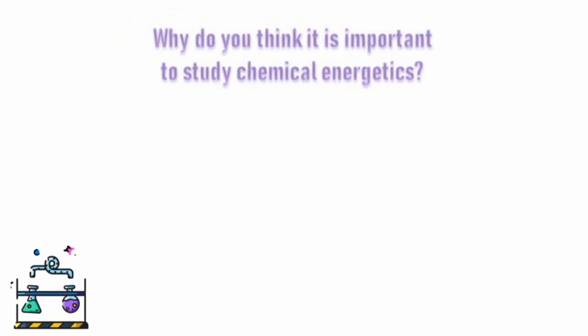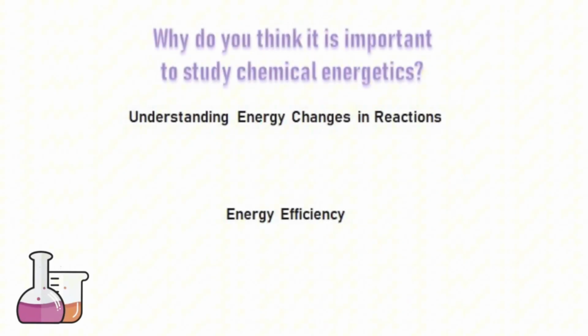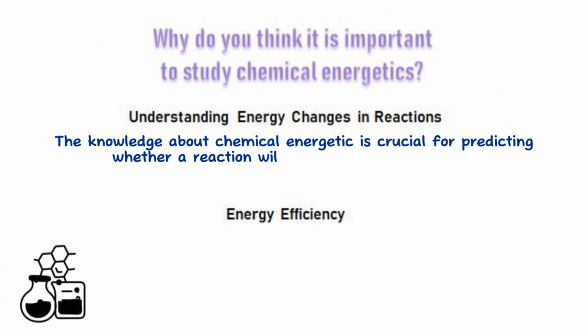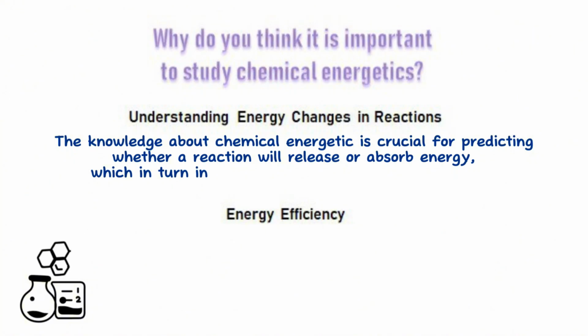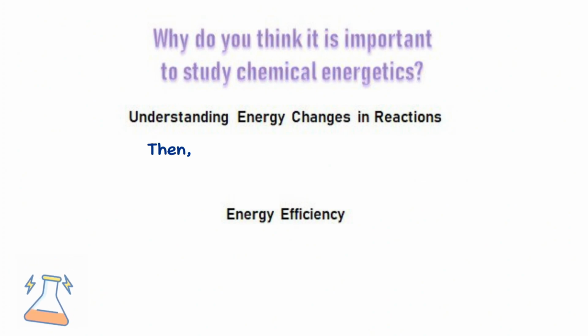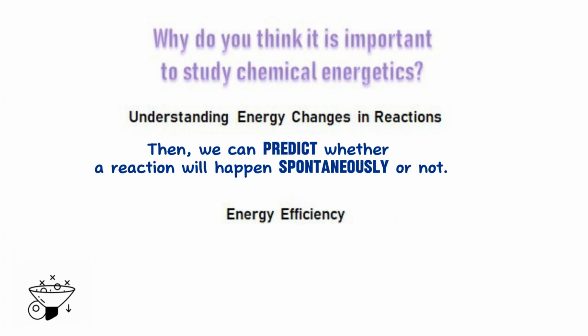Before we start with today's topic, let's see why studying chemical energetics is so important. The knowledge about chemical energetics is crucial for predicting whether a reaction will release or absorb energy, which in turn influences how and why reactions occur. Then, we can predict whether reactions will happen spontaneously or not.